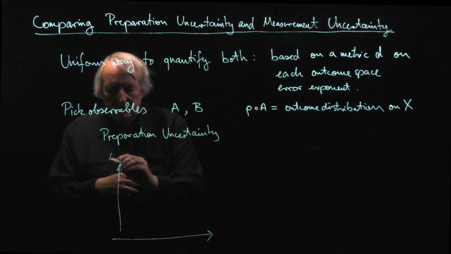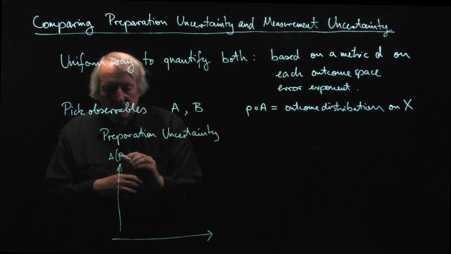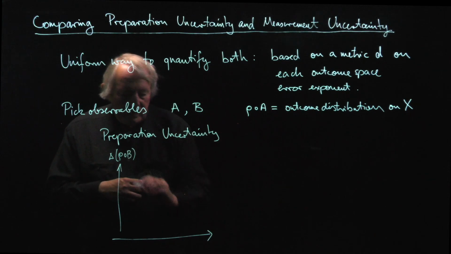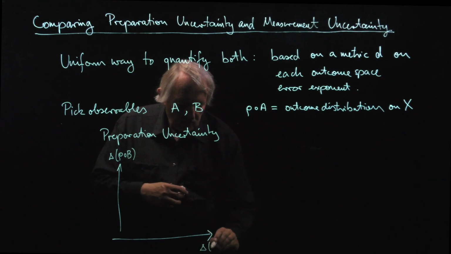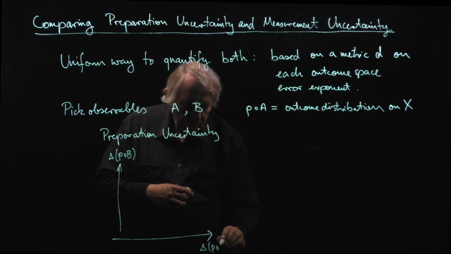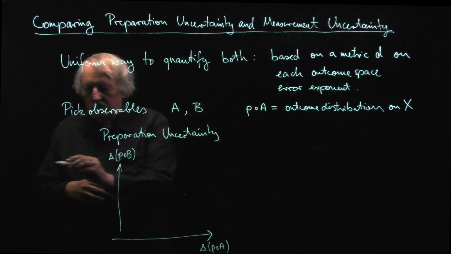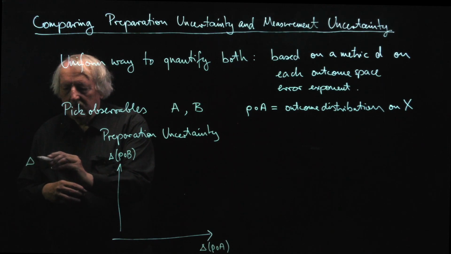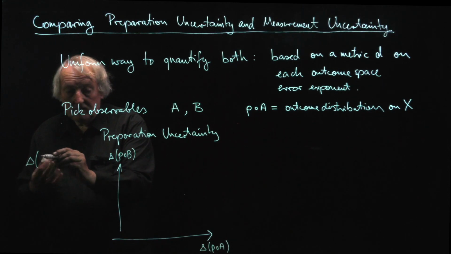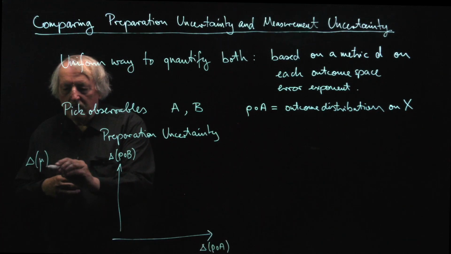We draw the variance of the outcome distribution of B over the variance of the outcome distribution of A. And I defined the variance, just recall that, so the delta, or the spread, I should say, it's not the variance, it's the spread, right?